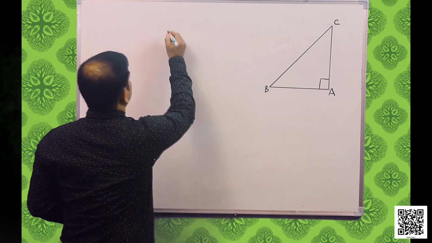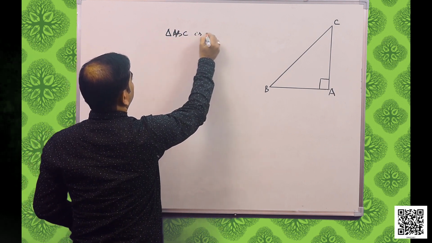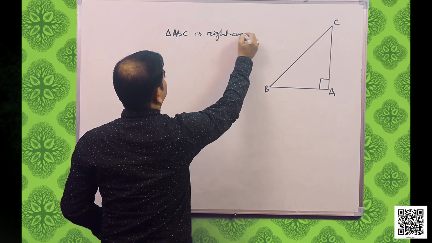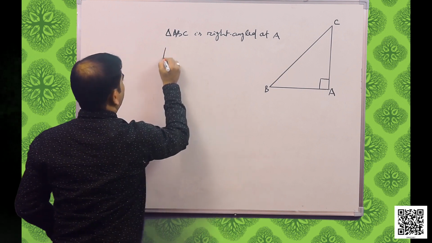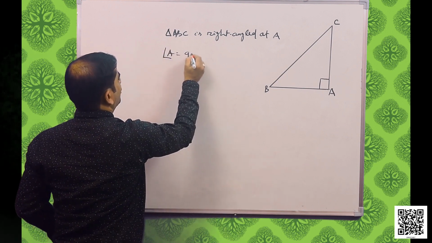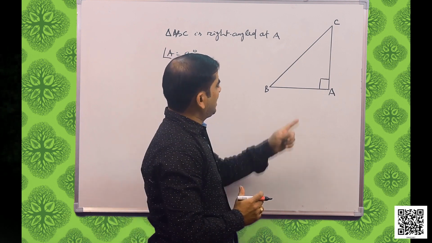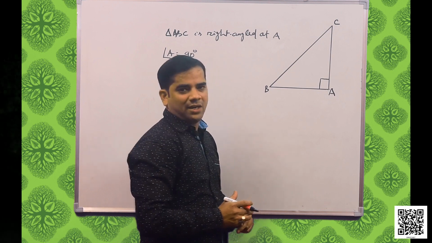So, triangle ABC is right angled at A. That means angle A is equal to 90 degrees. That means angle A is the greatest angle of this triangle. Why?